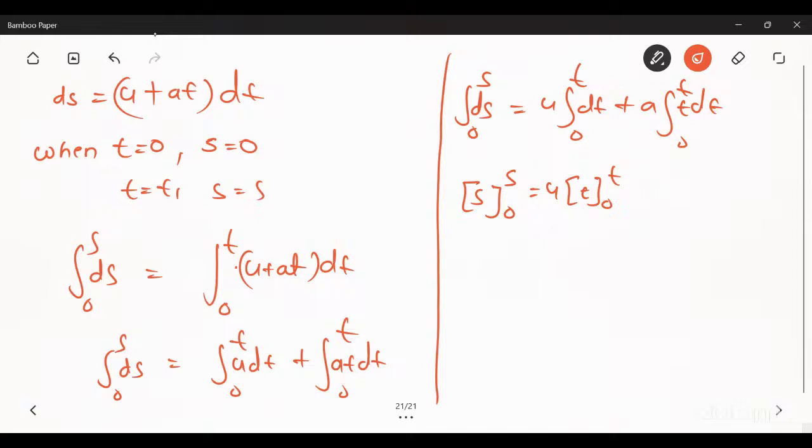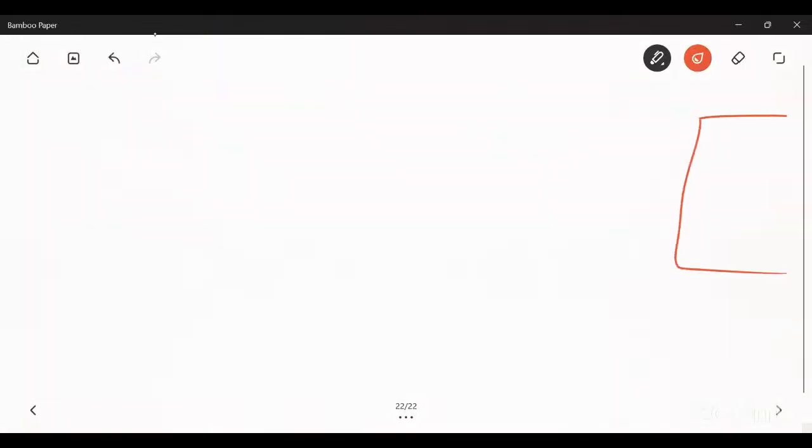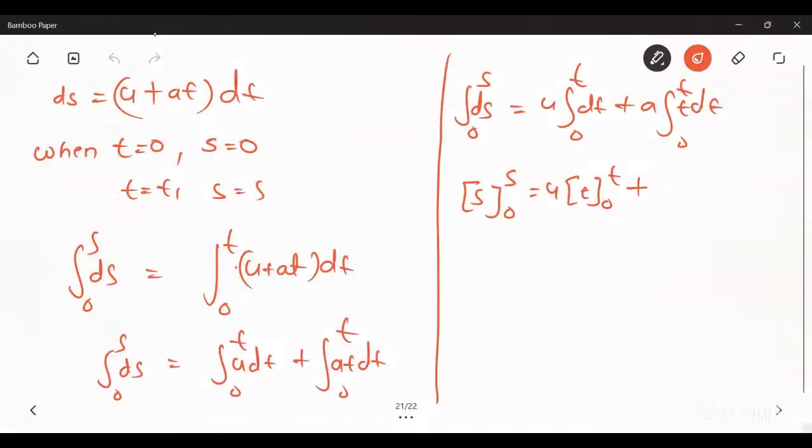So integration of t dt means t to the power 1 dt. So t to the power 1 means t to the power 1 plus 1 upon 1 plus 1. That means t square by 2. So it is equal to a t square by 2, from 0 to t.